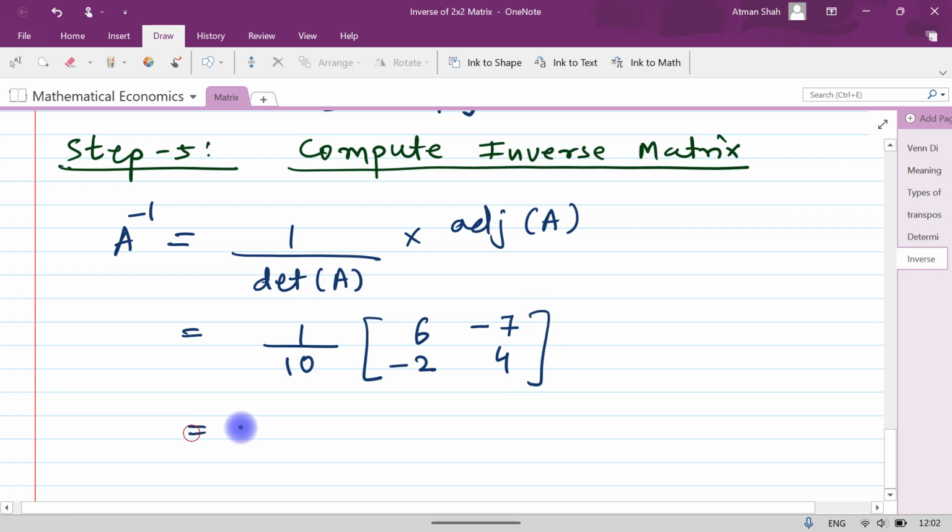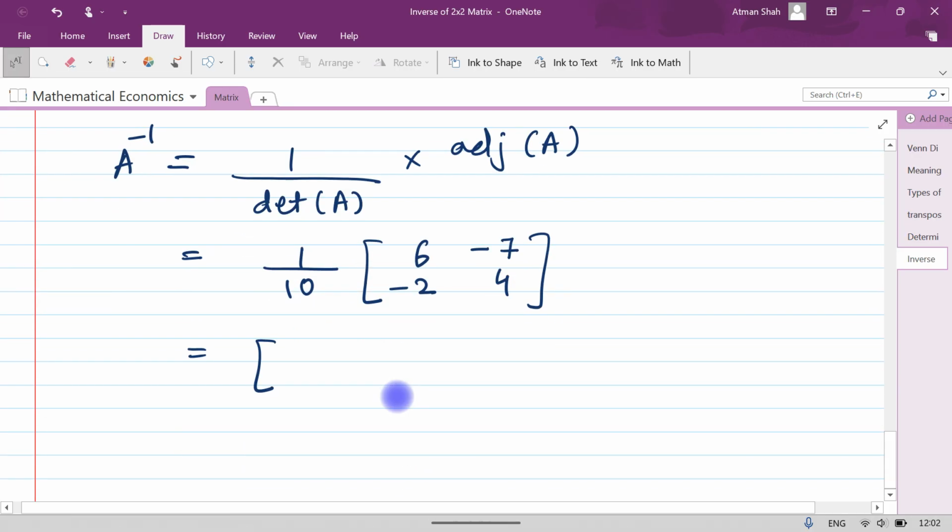So therefore the answer of A inverse is 0.6, minus 0.2, minus 0.7 and 0.4. So this is how we compute the A inverse.